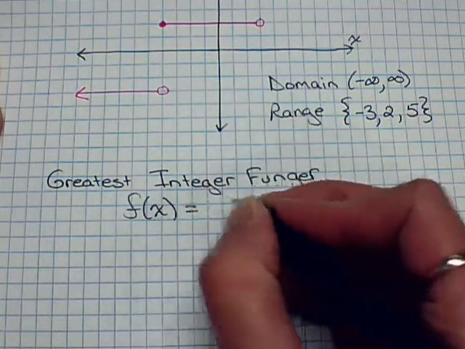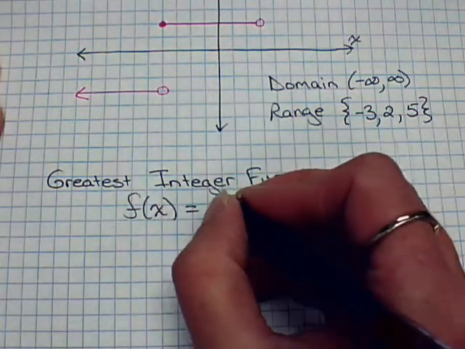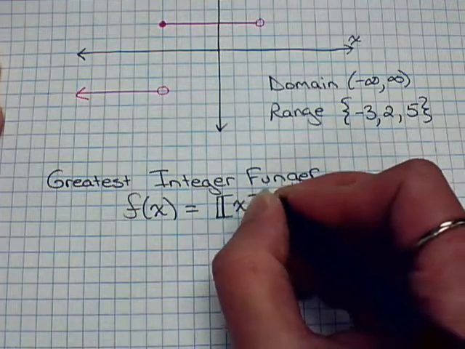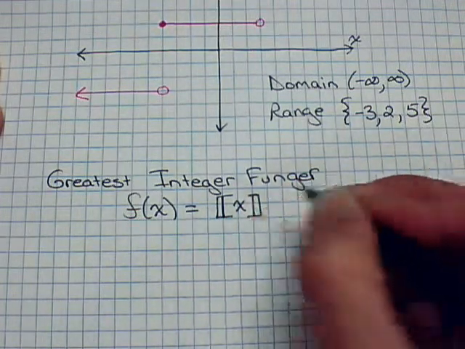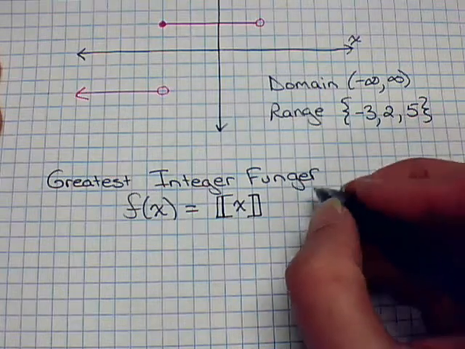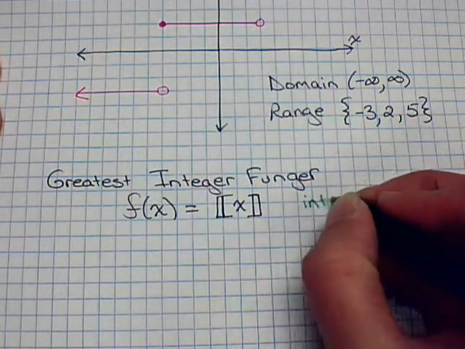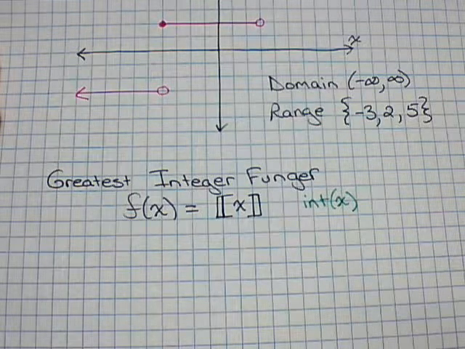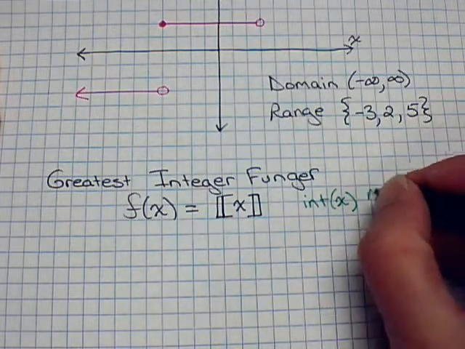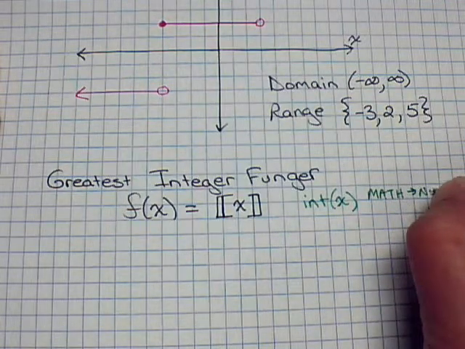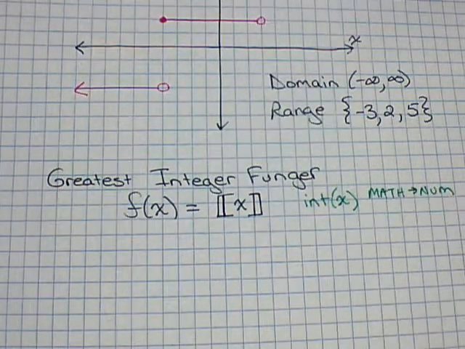F of x equals, and it's a double bracket with x in the middle. Okay. Now, if you choose to look at this on your calculator, you might want to know that this is in the calculator is called int for integer of x, and it's found as one of the math features. You would go math and then arrow over to the number. But right now, I just want to talk about what it is.